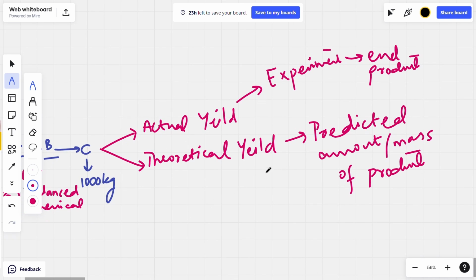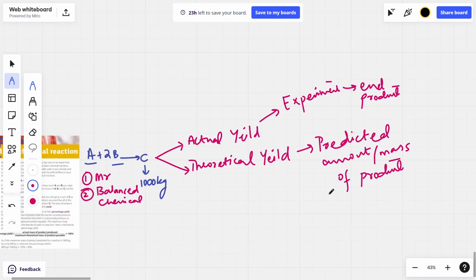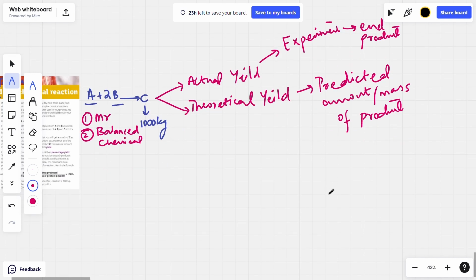Actual yield is the actual mass produced after the end of the chemical reaction, while the theoretical yield is the predicted amount of the product that we calculated through the balanced chemical equation. Okay, so there is a difference between them.